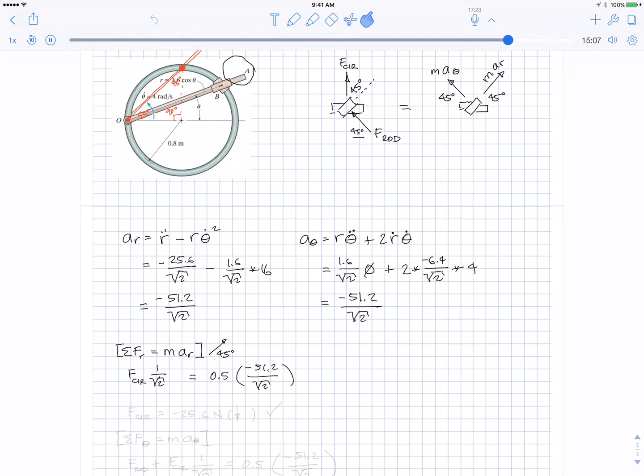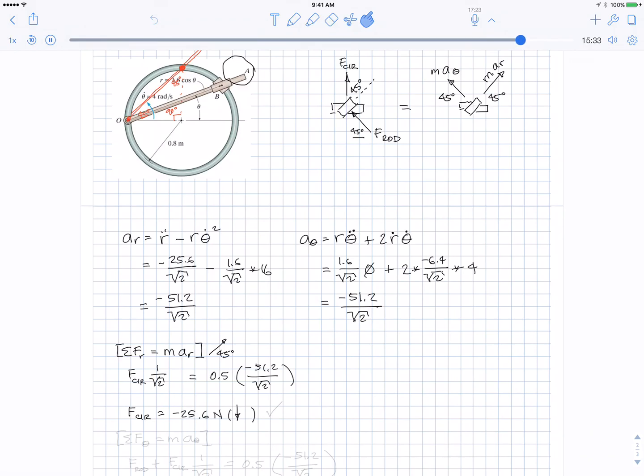The root 2's cancel, and we get that the force of the circle onto the collar is minus 25.6 newtons. The negative means the opposite of what we assumed, so it's pushing in.